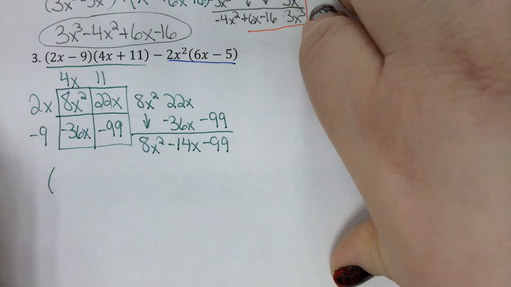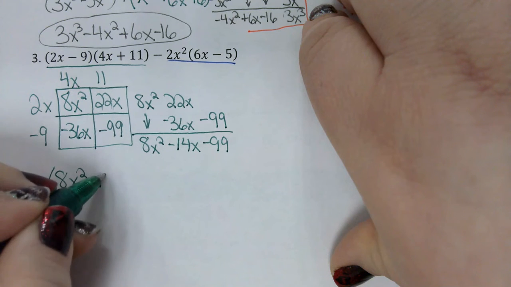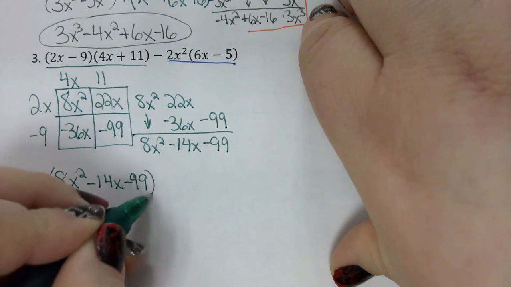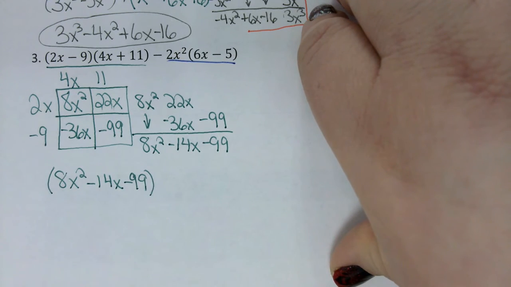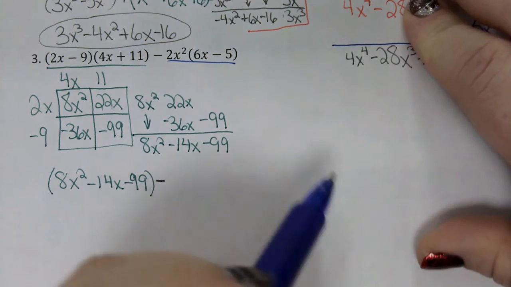So our first polynomial is 8x squared minus 14x minus 99. And we are subtracting our second polynomial, which is 1 term times 2 terms.